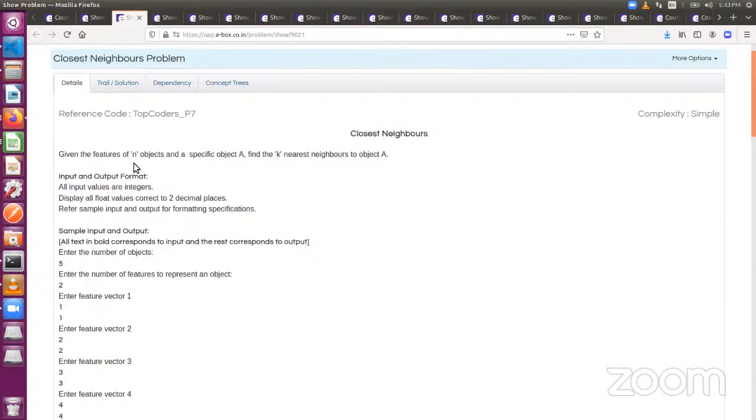I'll repeat: you'll be given the coordinates of n points, the point for which you're going to find the neighbors, and how many neighbors, k. All these things will be given in the problem.